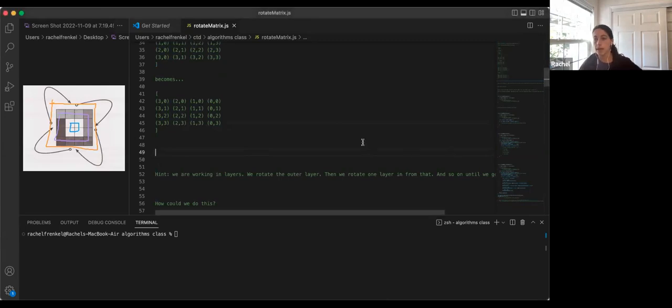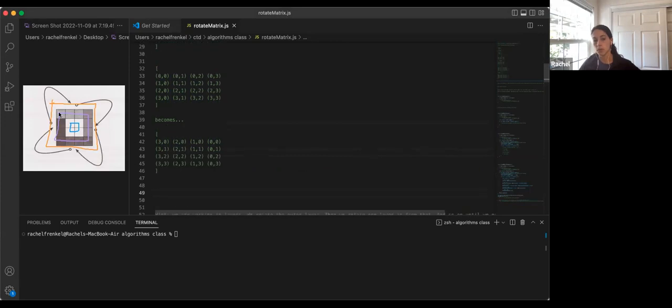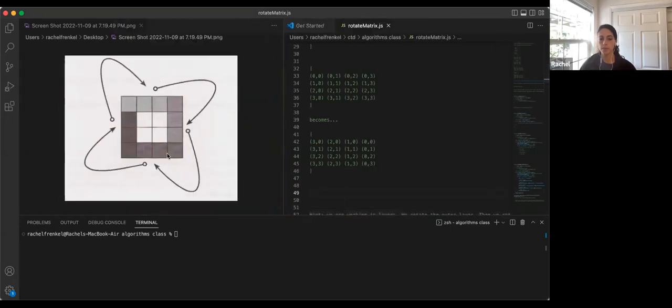Any ideas on how we would be able to move things around with a general algorithm? I'll give you one way, and then you can give me another idea. Let me make this bigger for you. So one way would be to grab this entire edge.